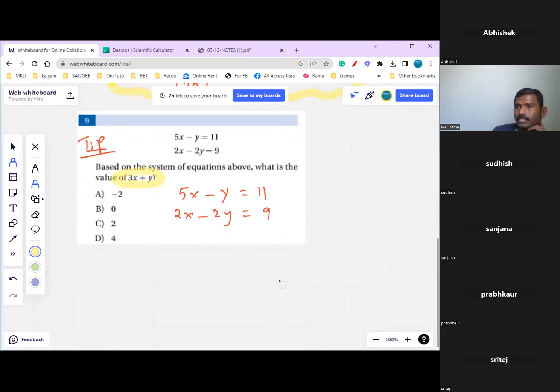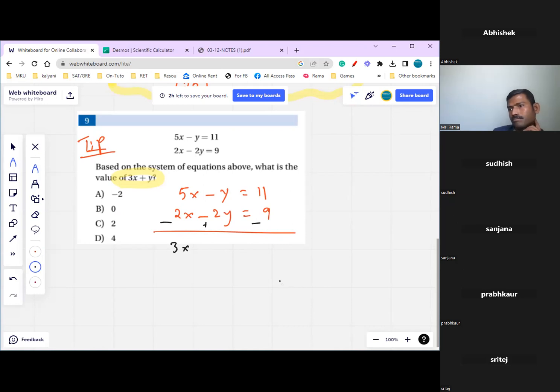Once I have that, I see if I take away 5 minus 2, I get 3. That might be faster and easier. So I'm going to subtract. When you subtract, you have to change the signs. Don't forget that. So 5 minus 2 is 3x.